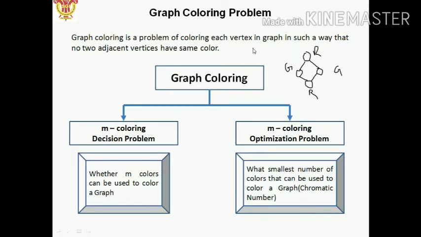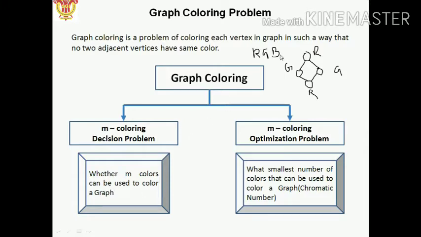Let us assume that I have been given red, green and blue, and I have to see whether these three colors can be used to fill all the nodes that reside inside that graph. So it is possible. Yes, I will use R here, G here, B here and R here. So that is whether M colors can be used to color a graph.